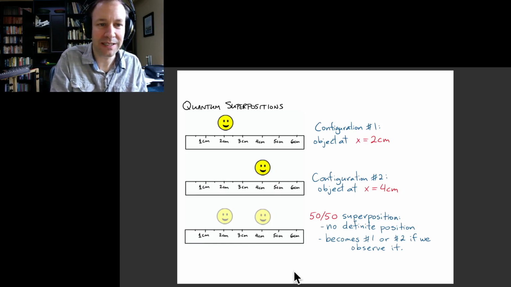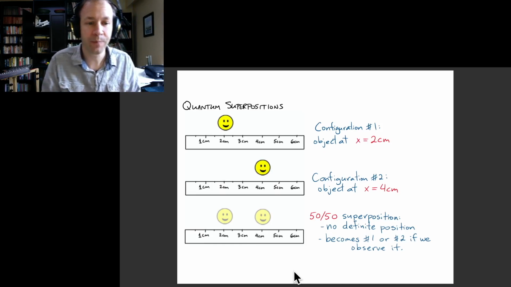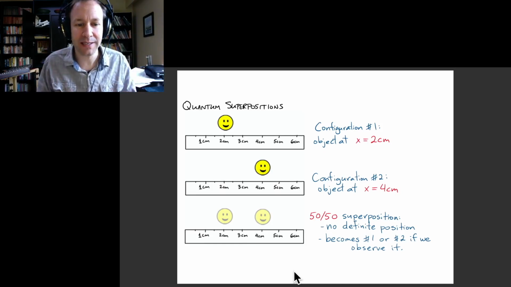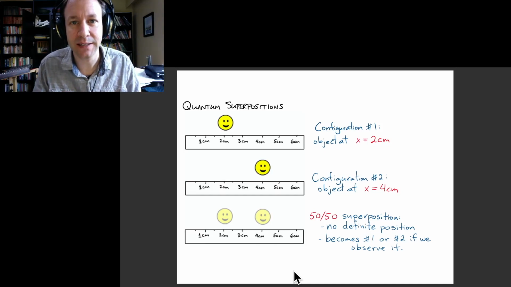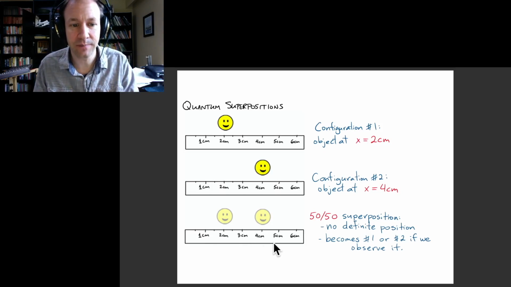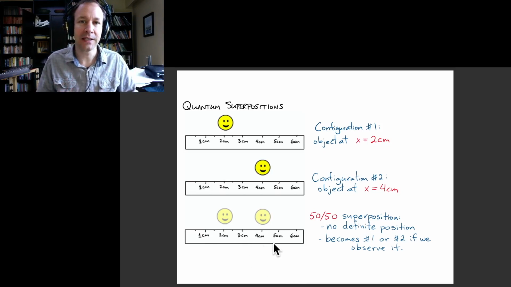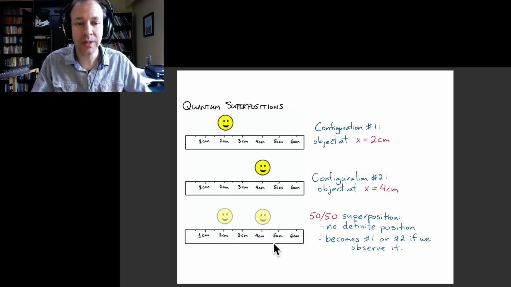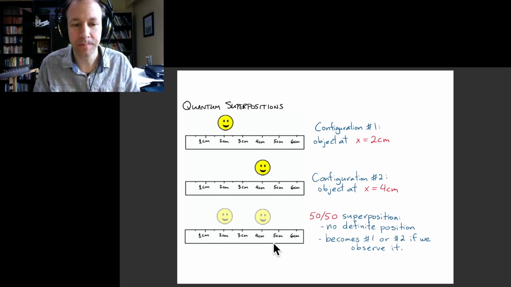The object will be at a definite location. But quantum mechanics tells us that before we actually make this measurement, it does not have a definite location at all. Okay, and this is something that you can actually show using certain experiments.